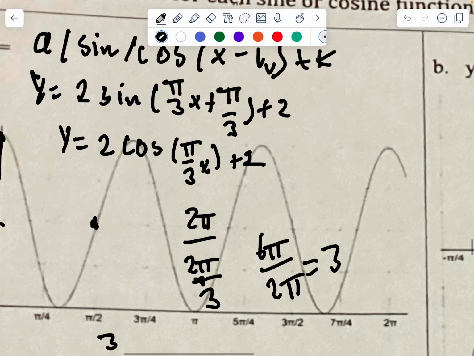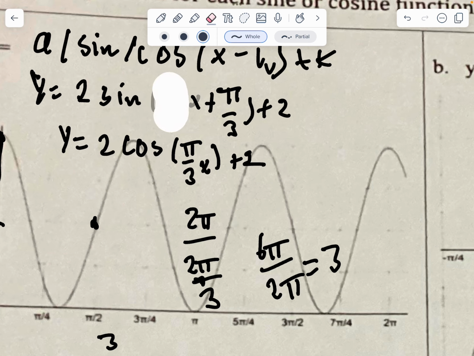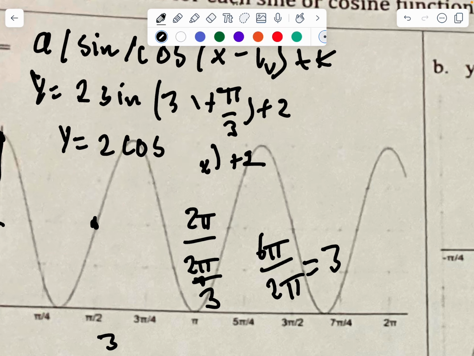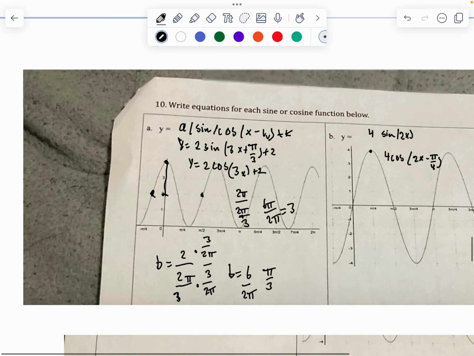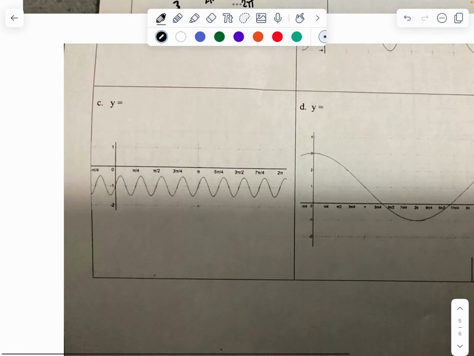So our b value, messed up a little bit, is just 3. Sorry for that, bad. Next one.